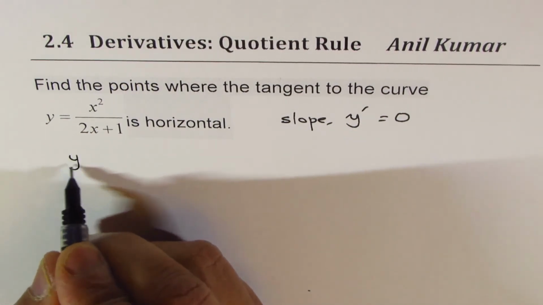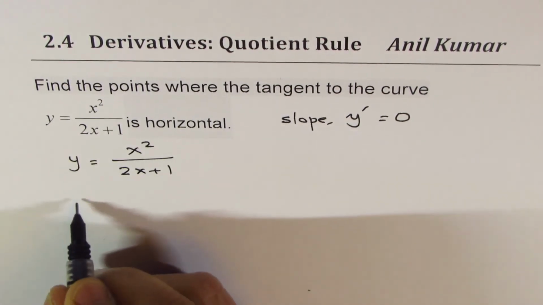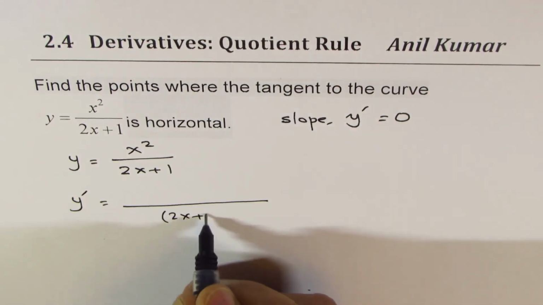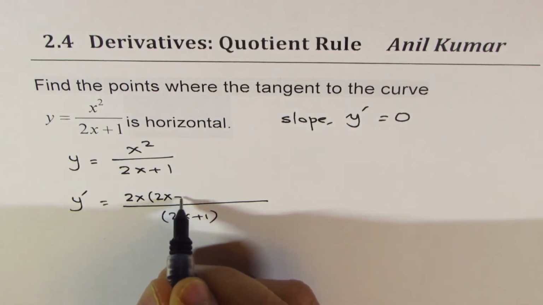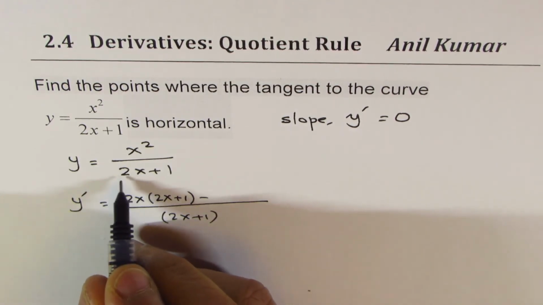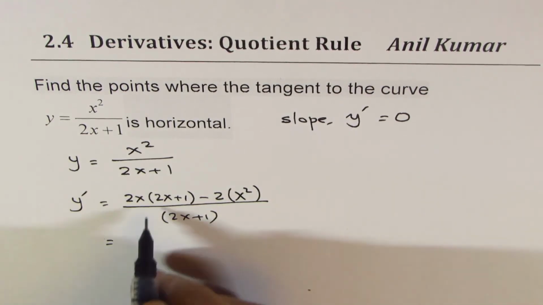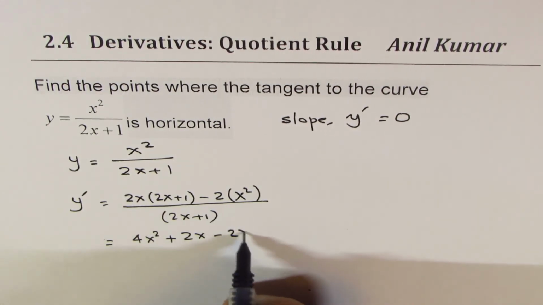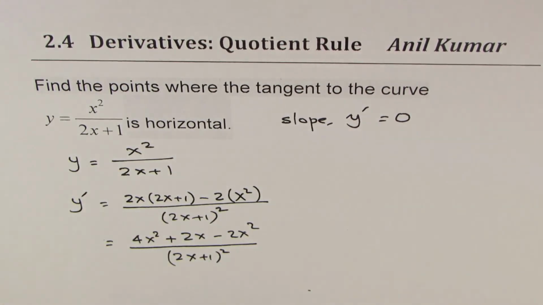So okay, so we have this function here, y equals to x squared over 2x plus 1, derivative applying the quotient rule, square of denominator, which is 2x plus 1, derivative of x squared is 2x times 2x plus 1, take away, derivative is 2 for the denominator part times x squared. And that gives you, let's open the bracket, we have 4x squared plus 2x minus 2x squared over, this is square, right? Everything's square. So 2x plus 1 whole square.